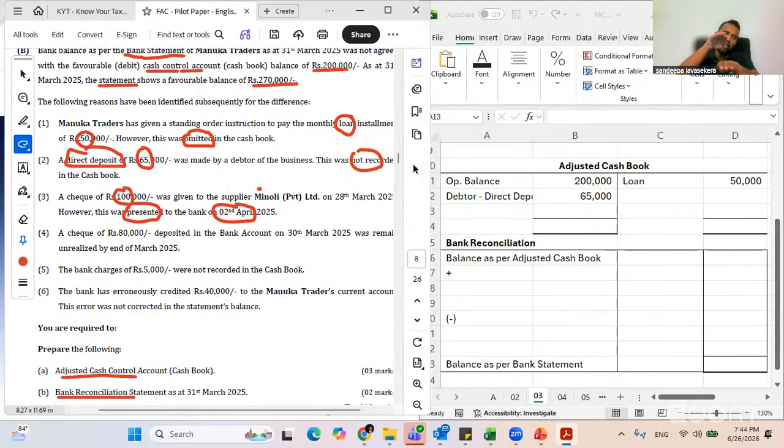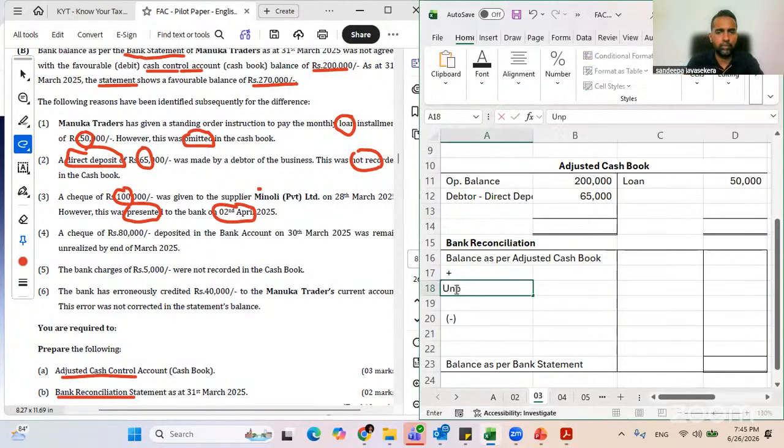So the statement balance is high. In the reconciliation, you are going from the cash book to the statement, from lower to higher, so you need to add. So the unpresented check, 100,000, we have to add.